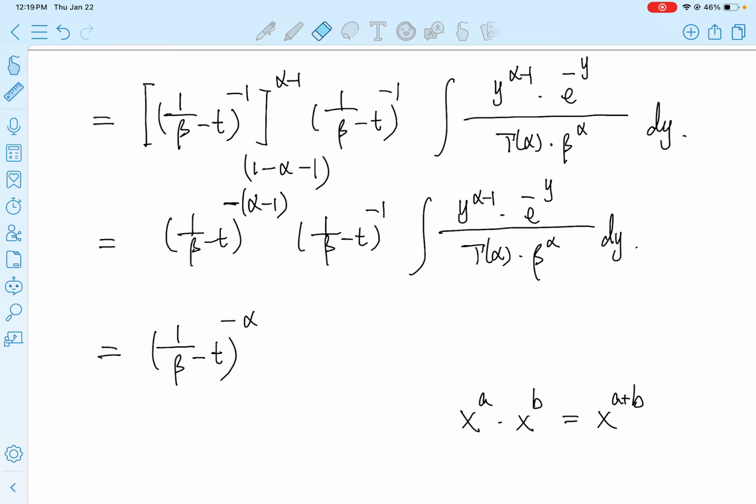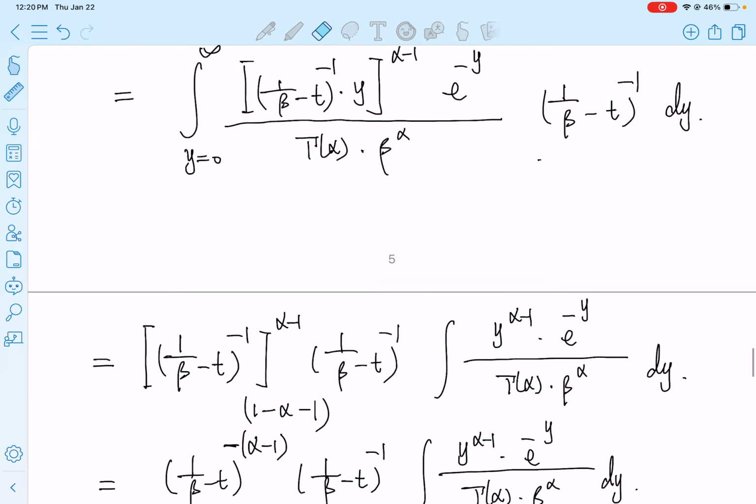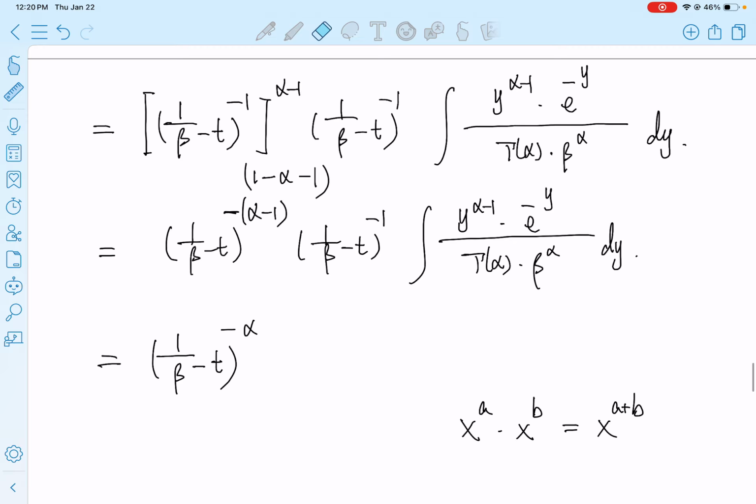So what we did here is that the negative alpha minus 1 plus the -1 will reduce to negative alpha. And let me maybe clear the notes here. Okay, so that is how we handle the constant part in front of the integral.